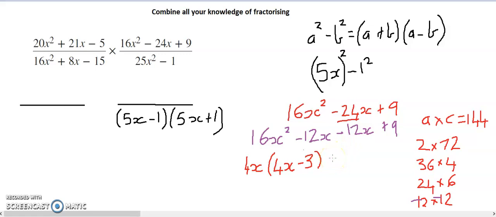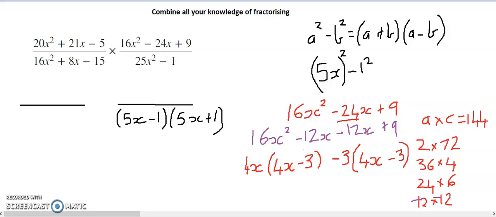Likewise, if I look at the other side, the common factor that I am able to take out is negative 3. I'm doing the negative because I want the brackets to be exactly the same. So negative 12x divided by negative 3 is 4x. And 9 divided by negative 3 is negative 3.